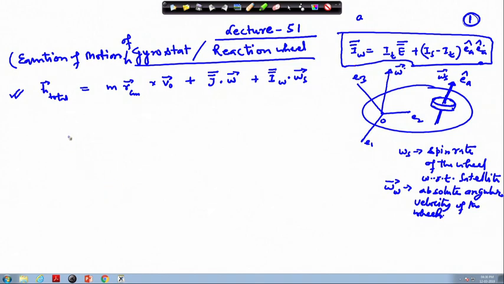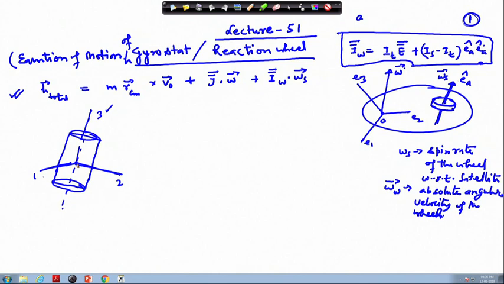If we have a system like a cylinder or a disc which has inertial symmetry, with axes 1, 2 and 3 for this wheel, and symmetry about this axis, then these two inertias will be the same.